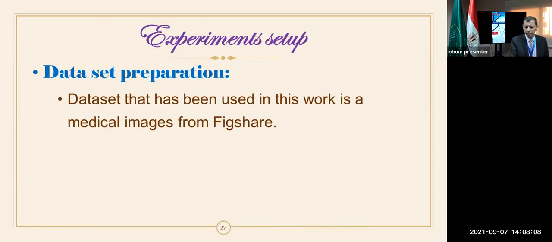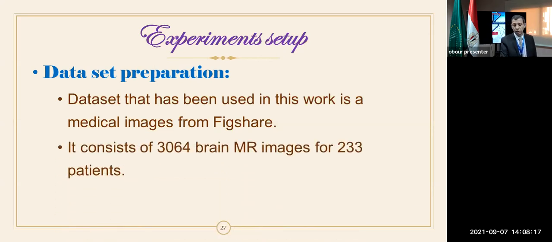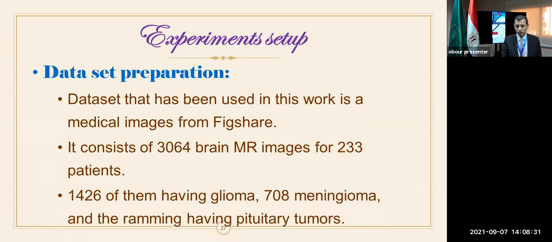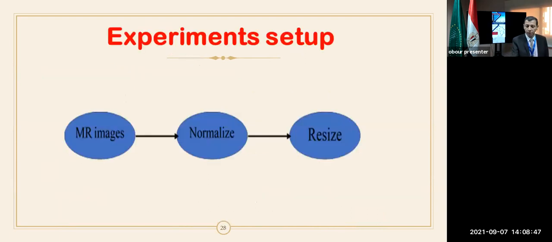Our experimental setup: we used a benchmark data set called Figshare, which consists of 3,064 brain MR images for 233 patients. 1,046 are of meningioma, 780 are of glioma, and the others are for the third type of tumor.